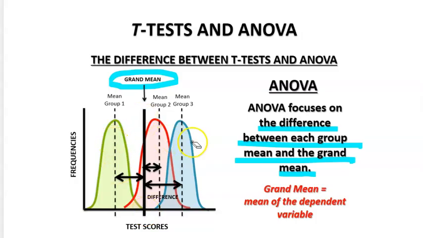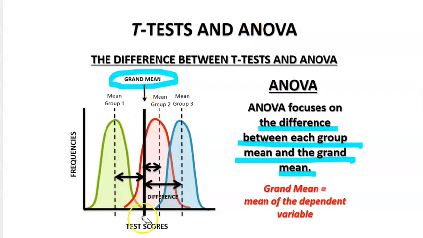That is the way of the ANOVA. That's why it is related to the general linear model, because regression also has a regression line, and they calculate how far the individual scores are. So it's the same concept.